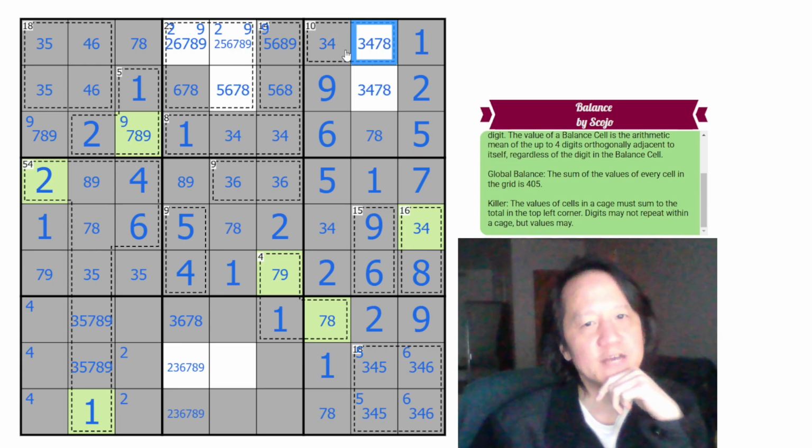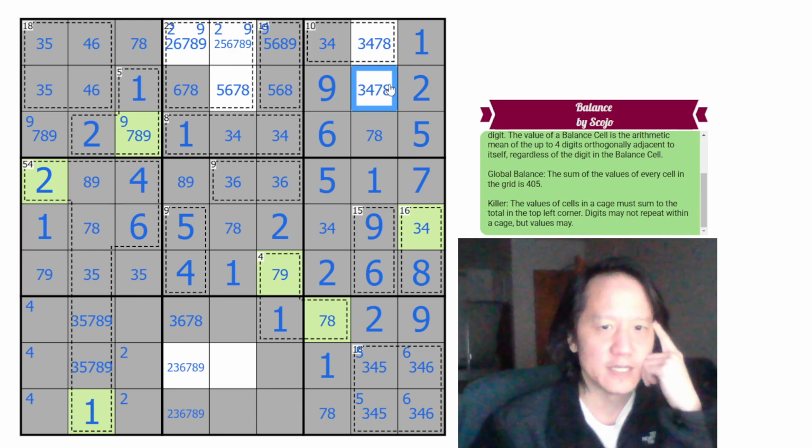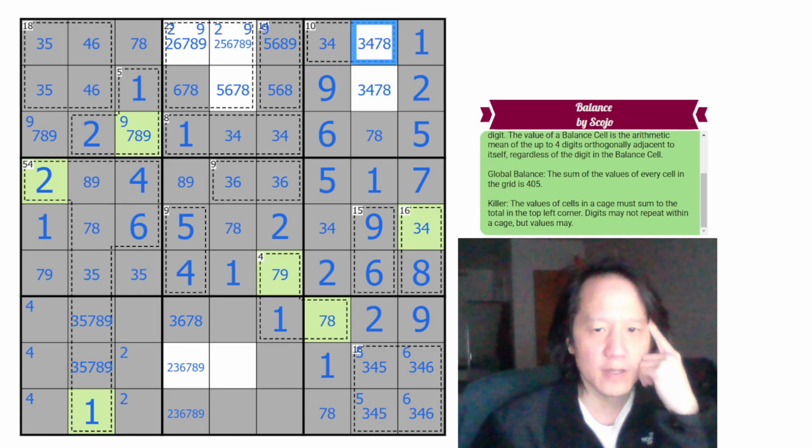And what if it's 7 in value? Obviously, it's the same problem, right? This would be 7 in value, which would make this a 3. Therefore, it'd be 1 plus 3, 4, to add up to 21, because that's 7 times 3, which is 17. So that doesn't work either. So this cannot be a balanced cell.